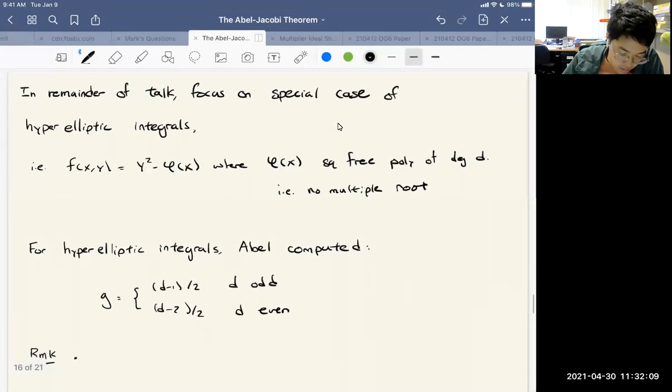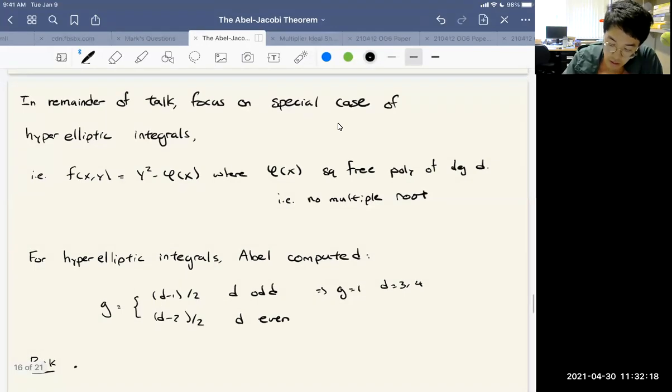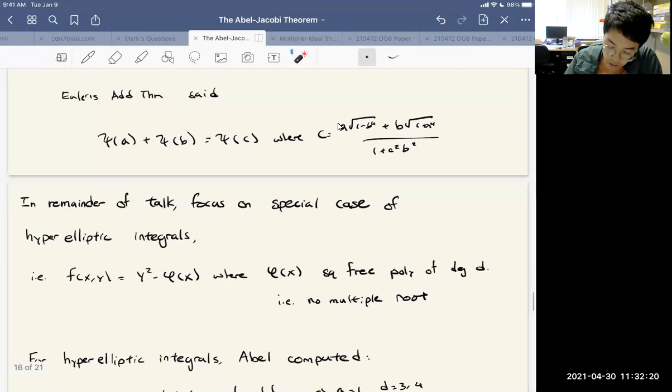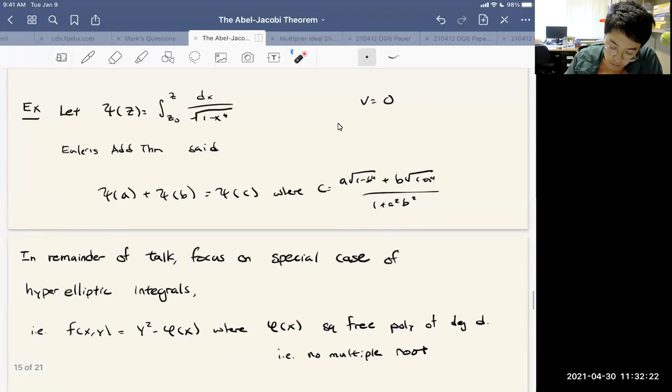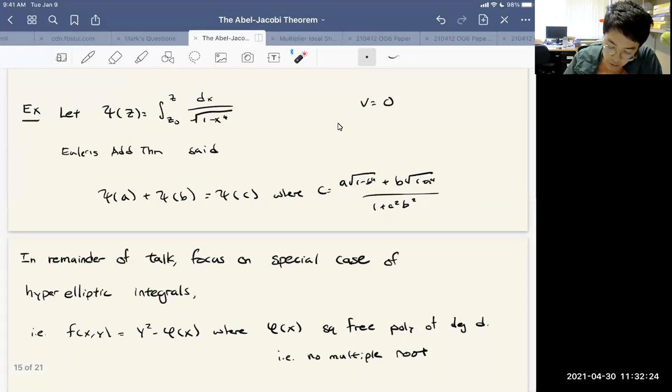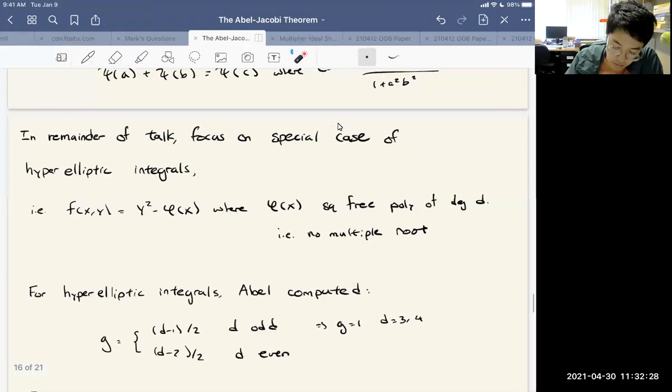So in particular, g is equal to 1 when d is equal to 3 or 4. This is the case that we have here, where there is a degree 4 polynomial inside of this square root. And g is greater than or equal to 2 when d is greater than or equal to 5.